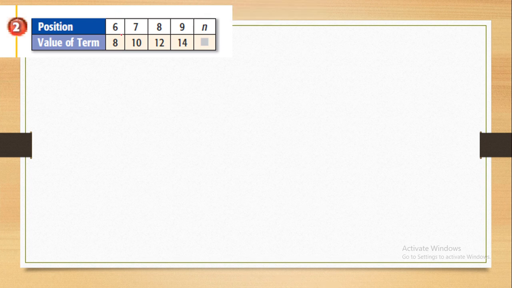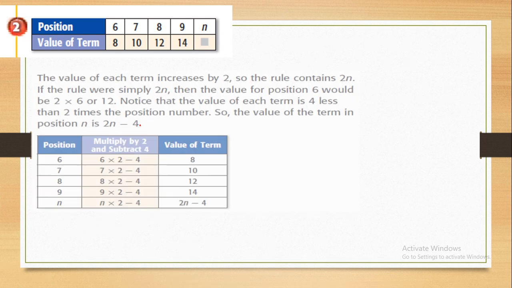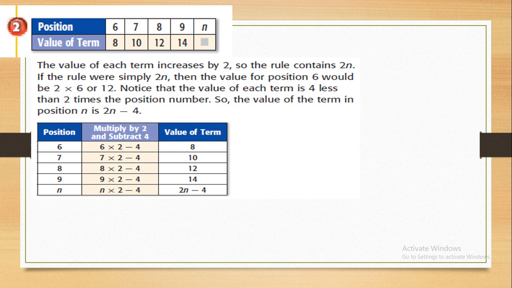So here, 6 became 8. When 6 changed to 7, it became 10. 8 became 12. So what's the pattern here? What did we do here? Yeah, good job, I can hear you. Excellent. So here we multiply by 2, then we subtract 4.